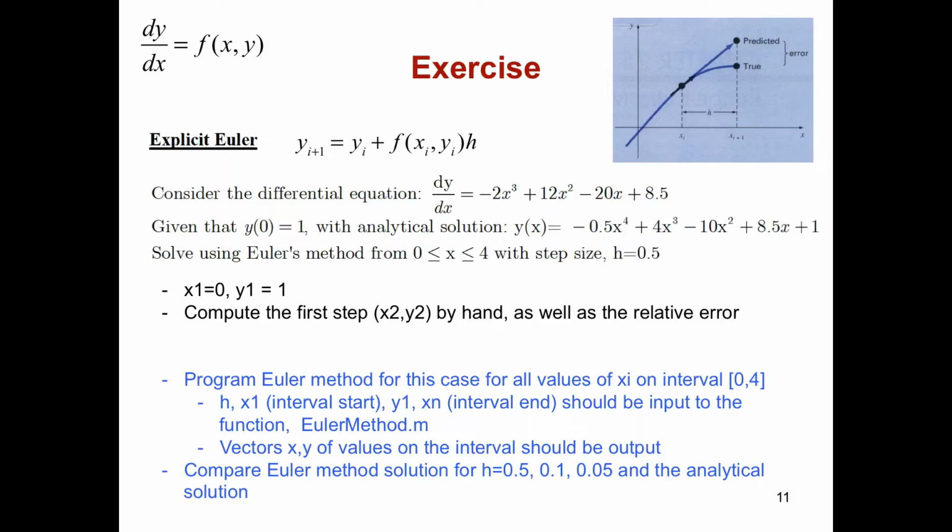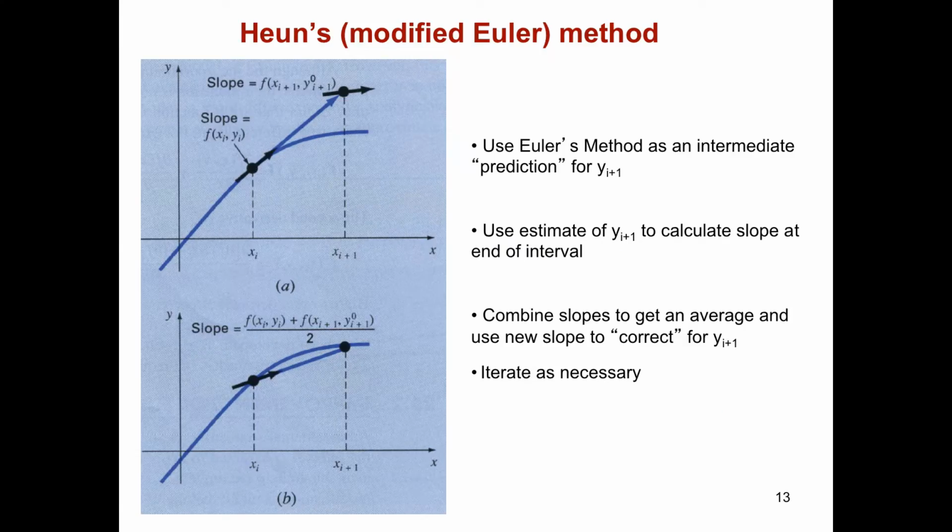You can get more and more accurate the more terms you take. Okay? And you can really tweak this slope using Taylor's series formula. We're not going to go into details of that, but a lot of the methods afterwards are done that way. One simple modification is the so-called Heun's method.